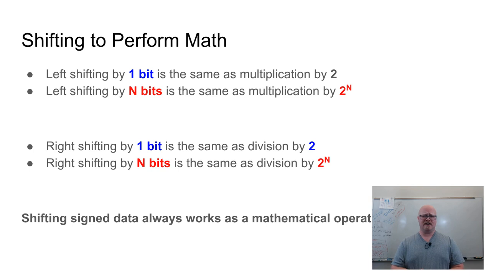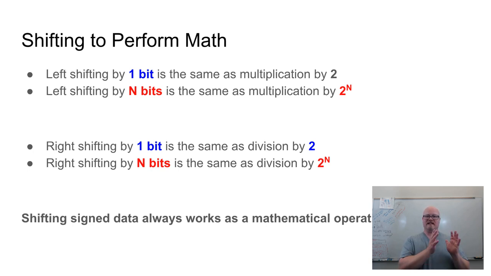And you can think of this very trivially by writing down a bit pattern like the bit pattern for 3. If you have a positive 3, you've got lots of zeros and then a 1 and a 1. And if you were to left shift that just 1 bit, then you'd have lots of zeros, a 1 and a 1, and then a new 0 on the far left that you just filled in, right? And 1, 1, 0 is the number 6, which is twice as big as 3, the original value.